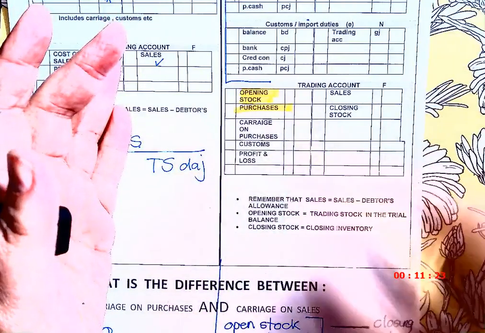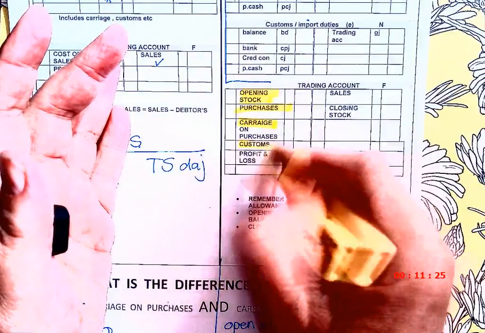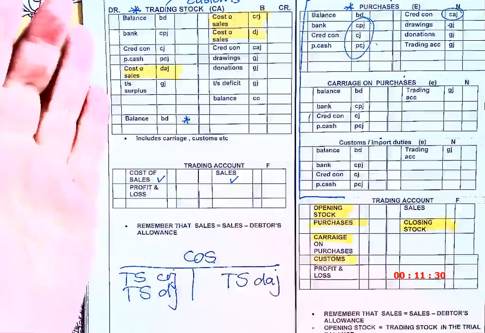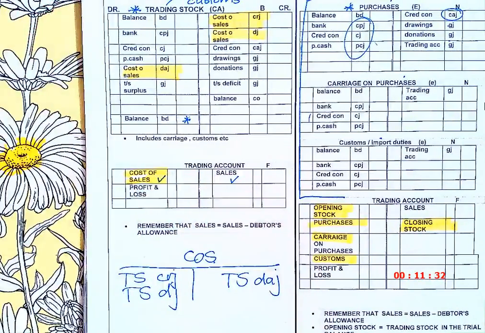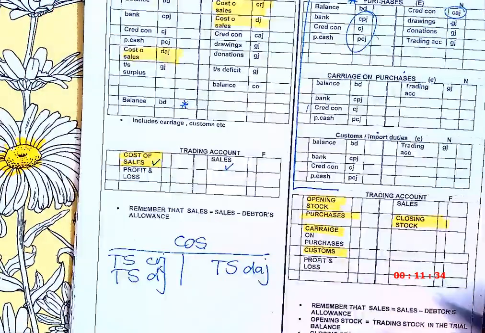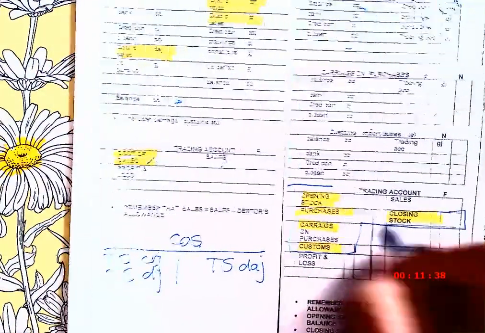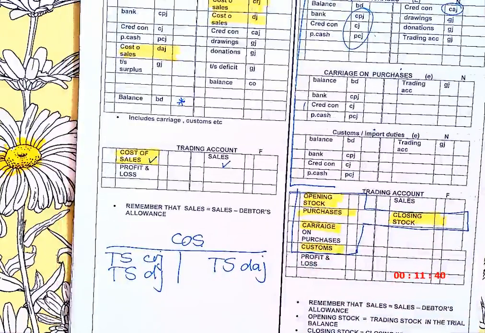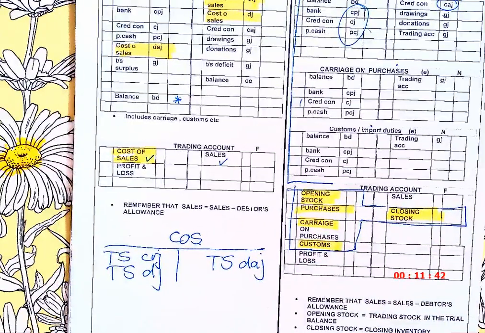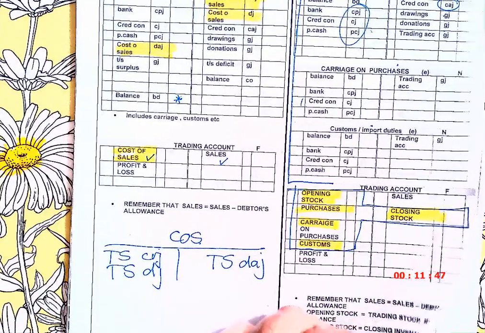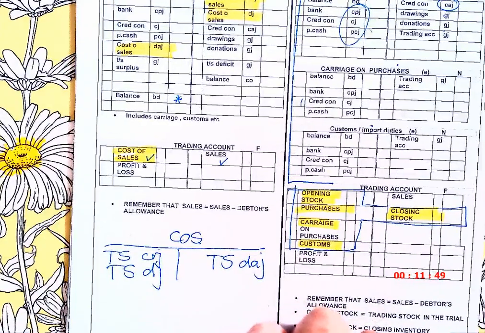Plus the carriage, plus the customs, less the closing. Can you see? That's your cost of sales. Okay? There's the sum for the cost of sales. And I know it feels overwhelming, but let's do the first exercise and then you're going to see that this is actually extremely easy.